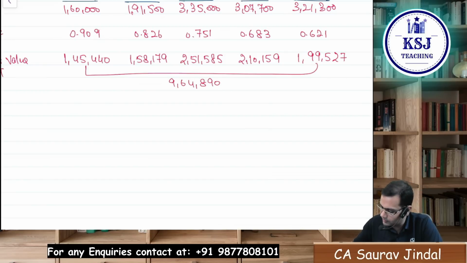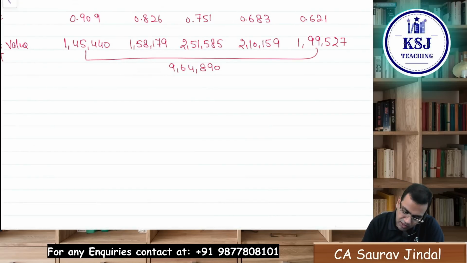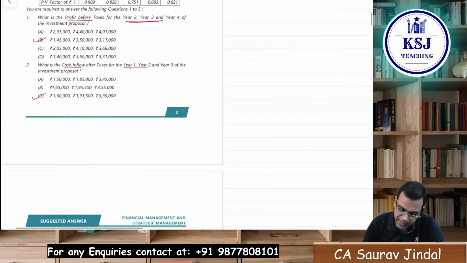I will cross verify once: 440 plus 158,179 plus 251,585 plus 210,159 plus 199,527. Yes, sir, 964,890 exact.